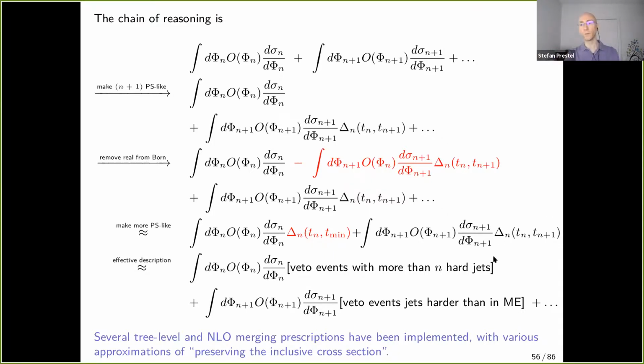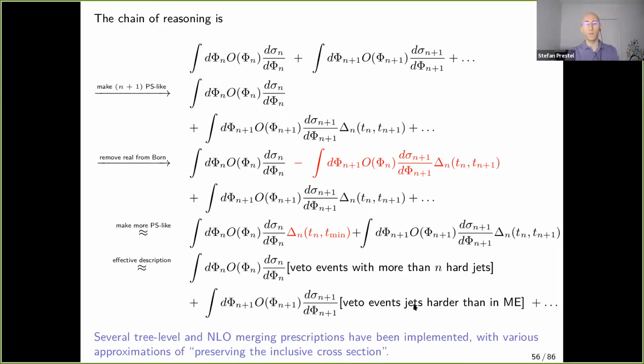And you can do that also for the reals. So there are several ways of thinking about how to combine multiple tree-level calculations or next-to-leading order calculations in the same way with each other and stack them on top of each other with these types of methods. And depending on which line you like best, various implementations are available.